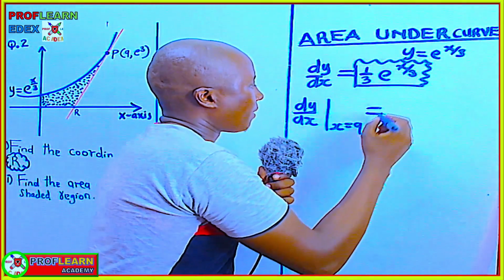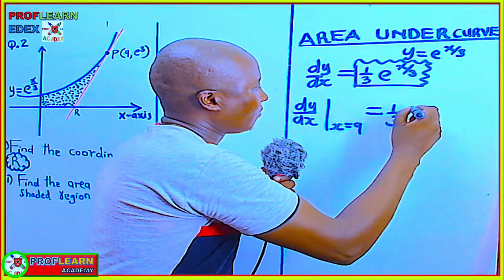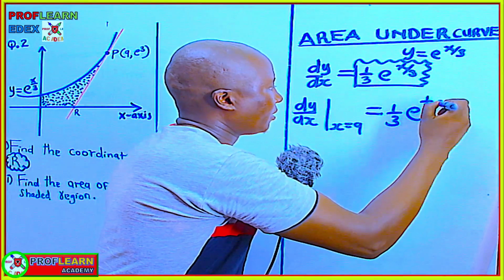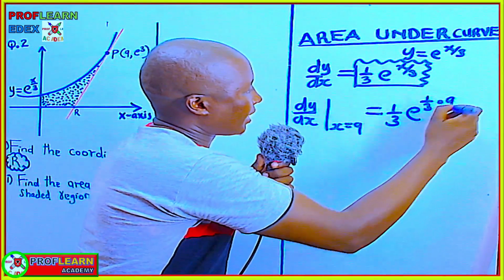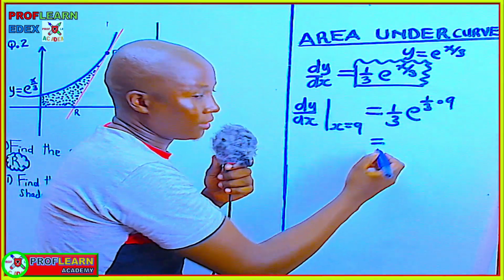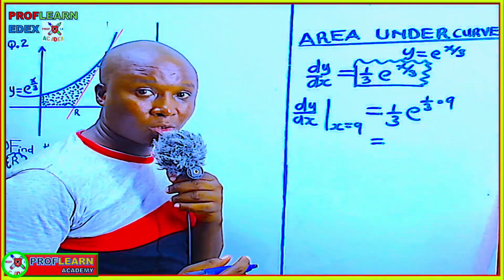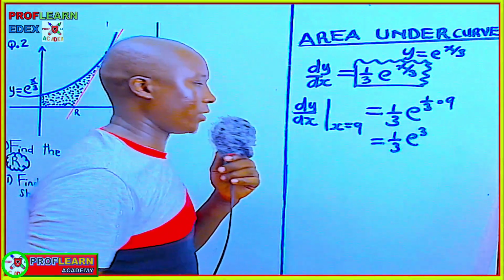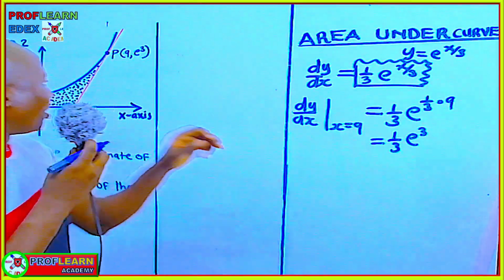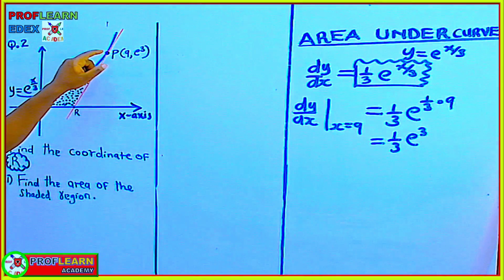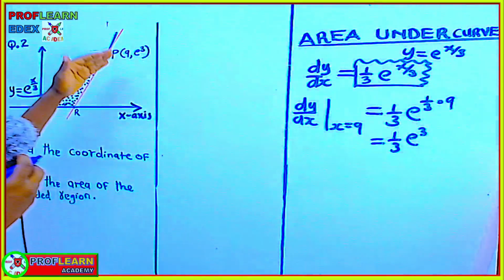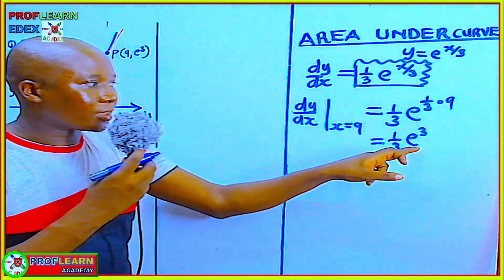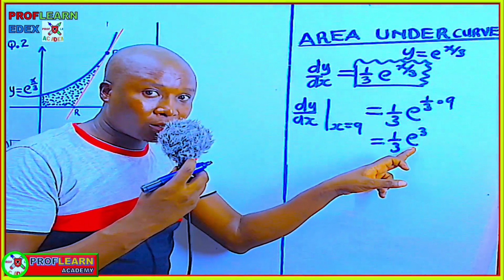This is going to be 1/3 e^(1/3 × 9), which reduces to 1/3 e^3. This is the gradient of the curve at this point. Since this line is a tangent, the gradient of the line at the point P is also 1/3 e^3.